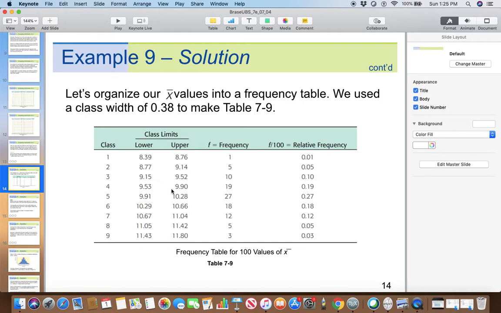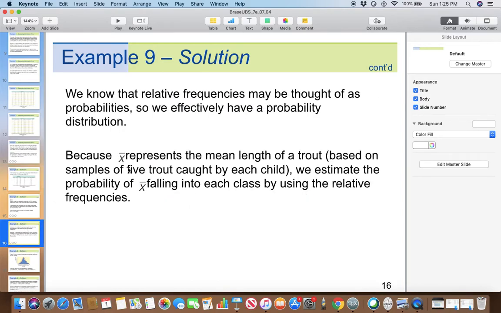From each set, you get a certain probability. Because X bar represents the mean length of a trout based on samples of 5 trout caught by each child, we estimate the probability of X bar falling into each class by using relative frequencies. So basically, relative frequency is the probability.